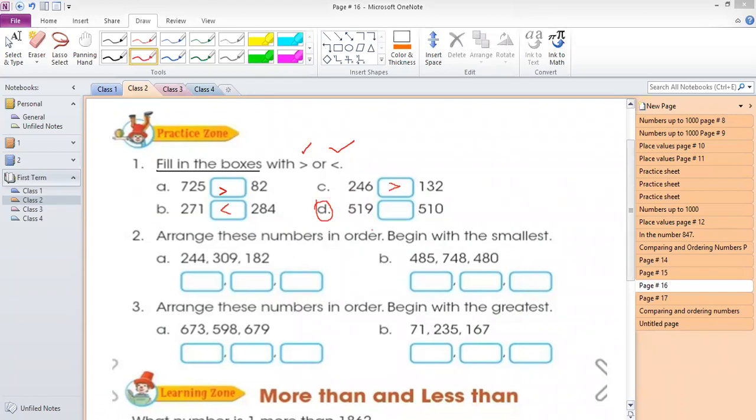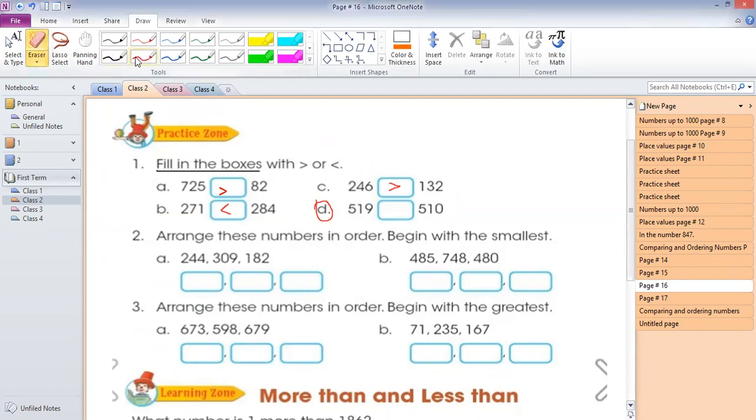Azam Saleh, which is bigger, 519 or 510? 519.